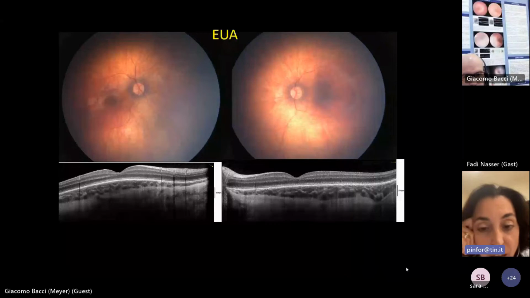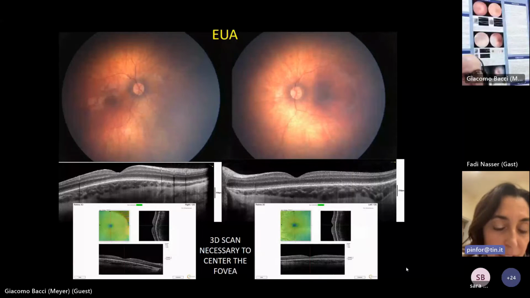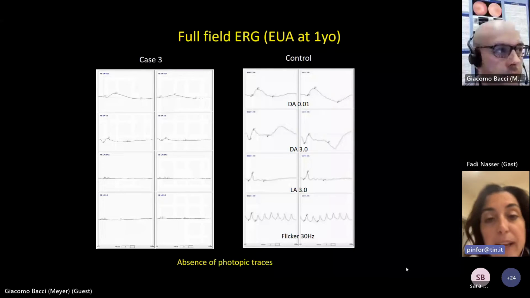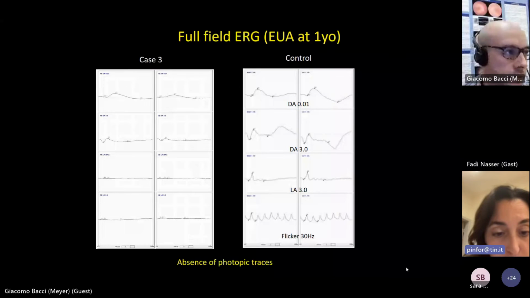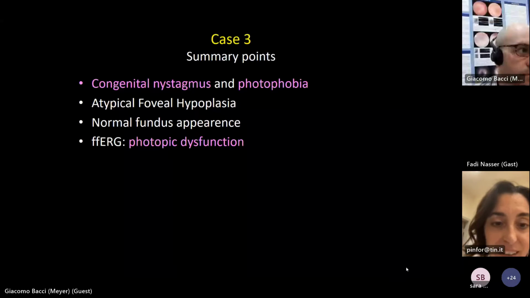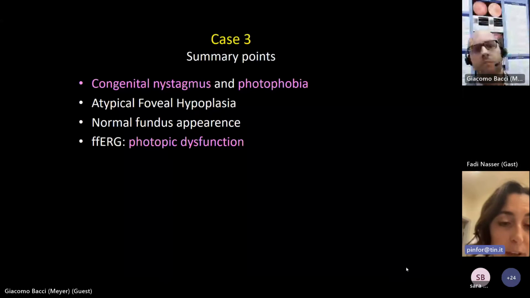Also in this case, we have a low grade of foveal hypoplasia and a normal aspect of the fundus retinography. And the full field ERG described an absence of photopic traces. Summary: congenital nystagmus and photophobia, atypical foveal hypoplasia, normal fundus appearance, and a full field ERG with dysfunction in photopia.